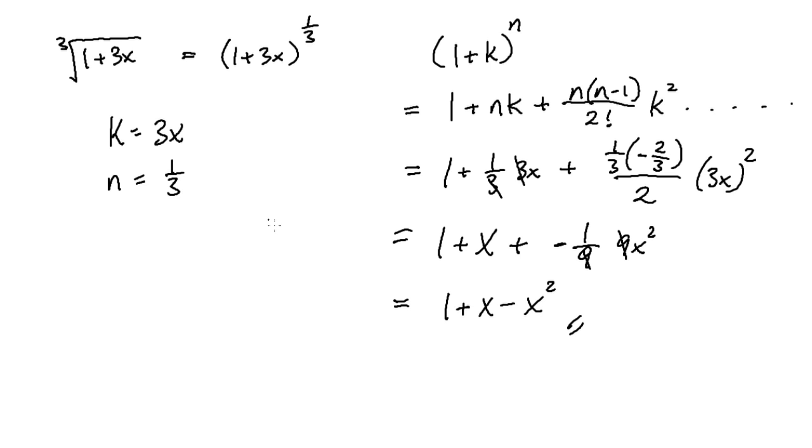So for this to be valid, k has to be a small number, smaller than 1, and so the modulus of 3x has to be smaller than 1, and that would mean that 3x has to be smaller than positive 1 and bigger than minus 1.